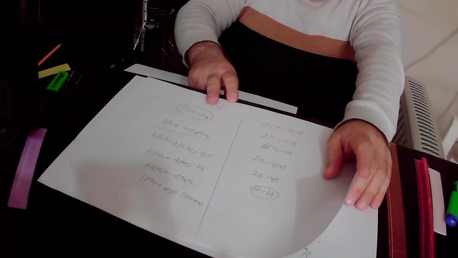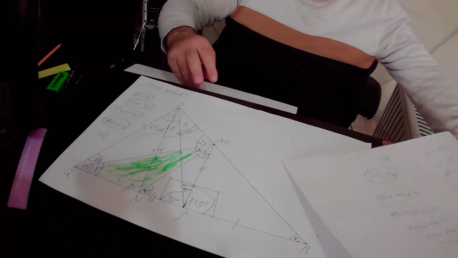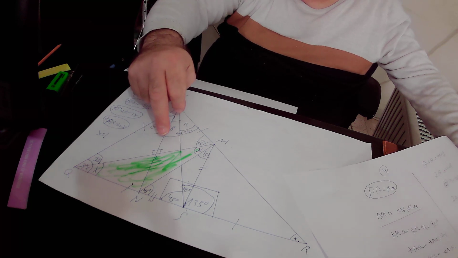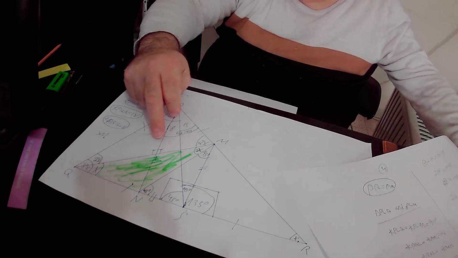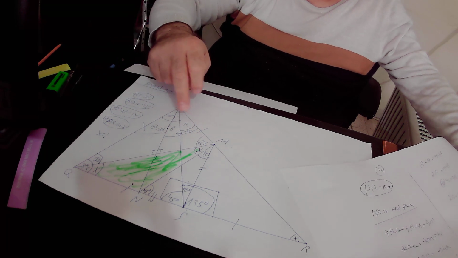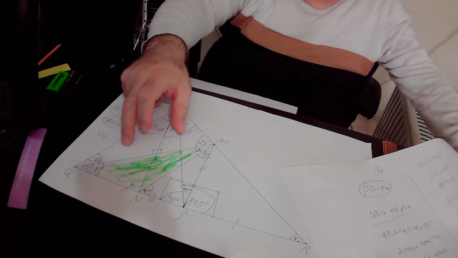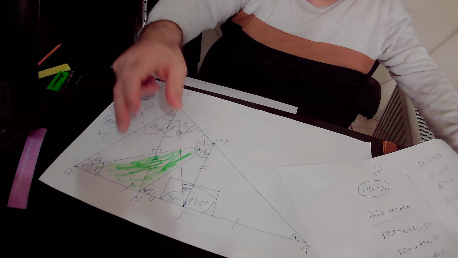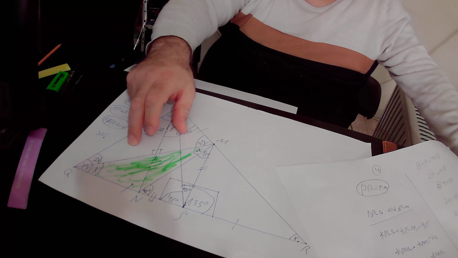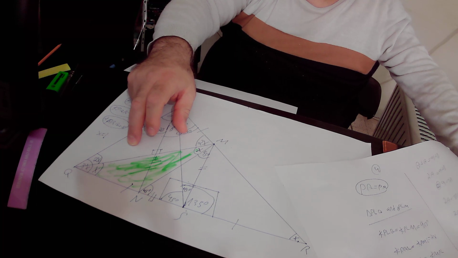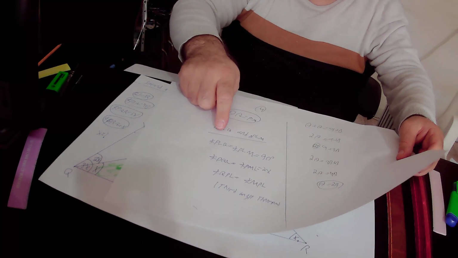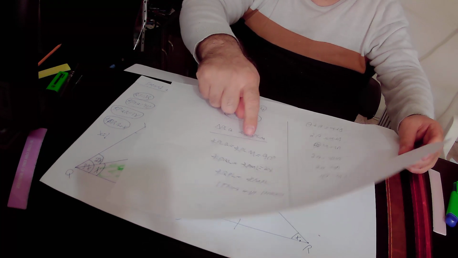Then in triangle PLQ and triangle PLM, we actually proved that those two triangles are similar to each other. We have angle PLQ equals angle PLM equals 90 degrees.